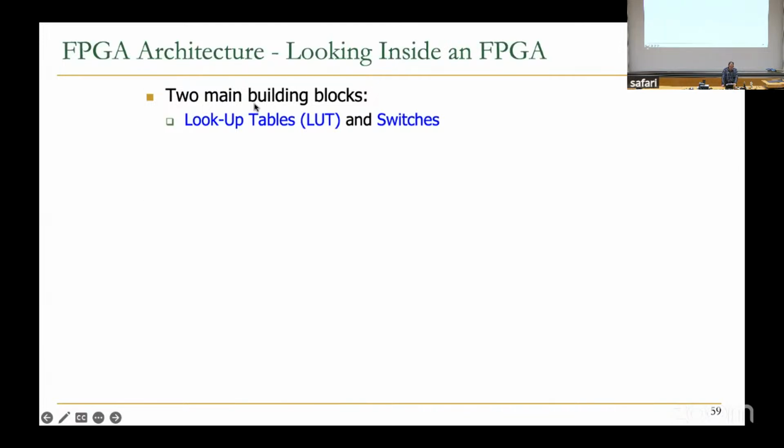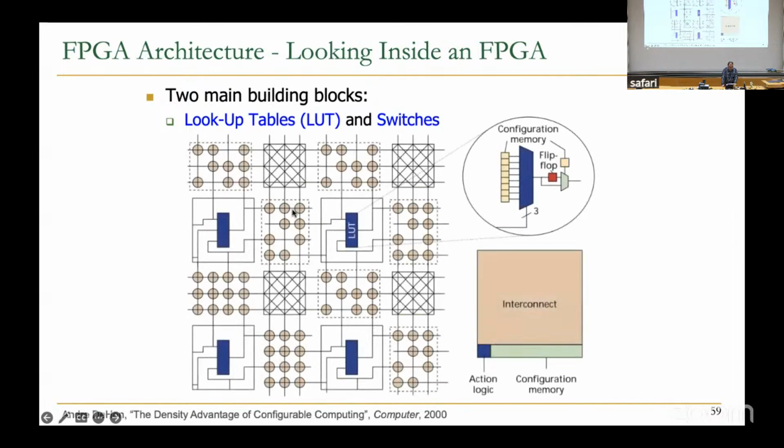There are 2 main building blocks in an FPGA: lookup tables and switches. You already know about lookup tables. It's a memory that you can implement. When you have a LUT of 3 inputs, you can implement any 3-input function using that LUT.